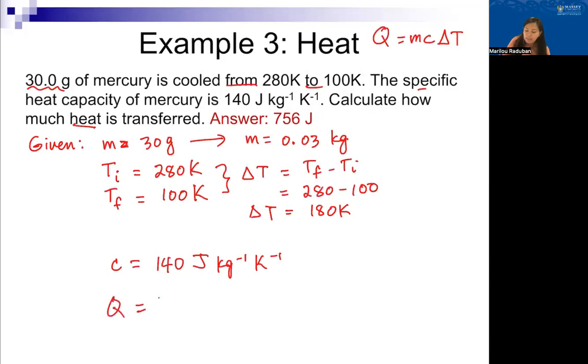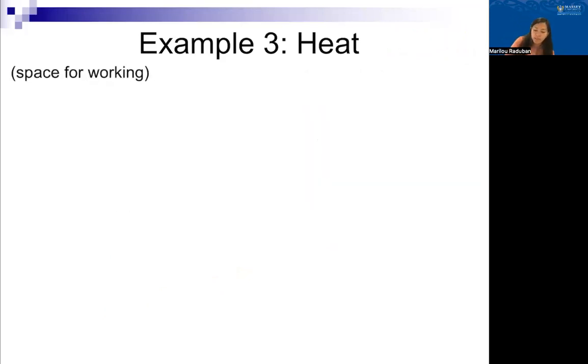Heat is capital Q. So looking at the equation here, it's just a matter of directly substituting the values, because we know mass, we know C, specific heat, and we've sorted out the change in temperature. Just make sure that your units are consistent, and that's why we've converted our units to the base or SI units.